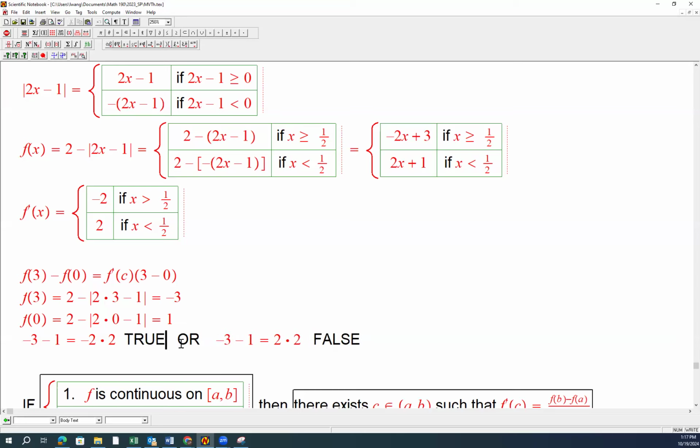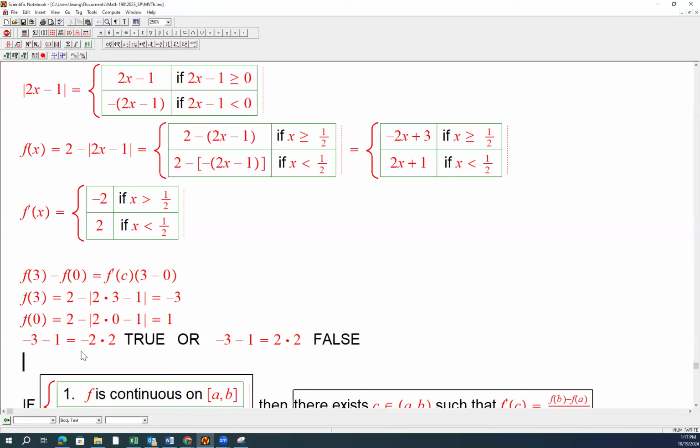What do we do? In other words, in this case, it's not possible. In this case, it's an identity. So do we have a solution or not?